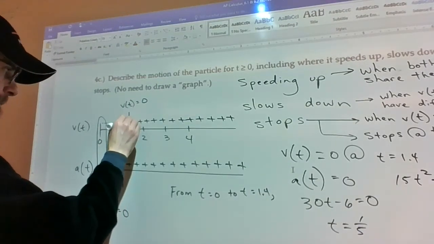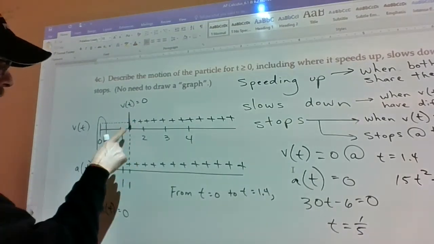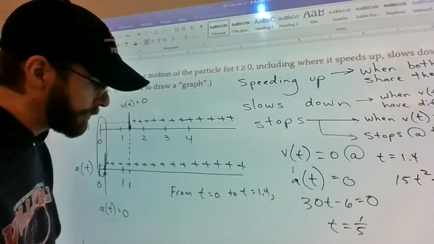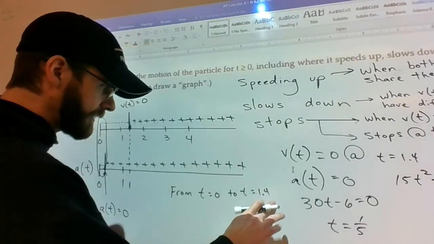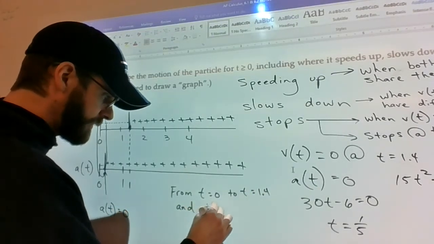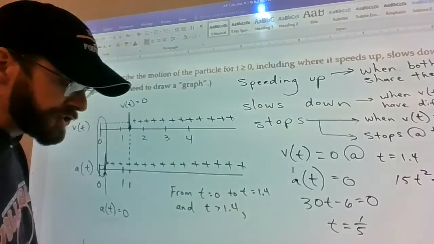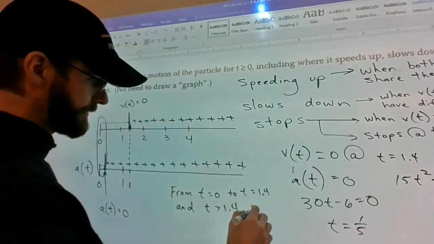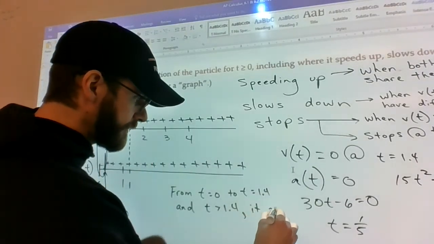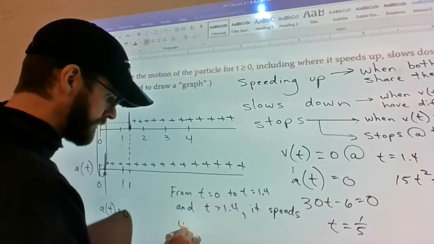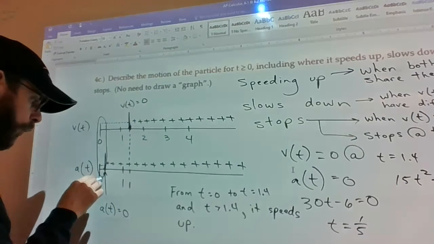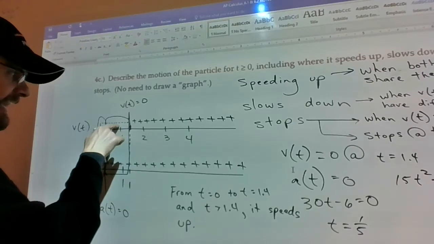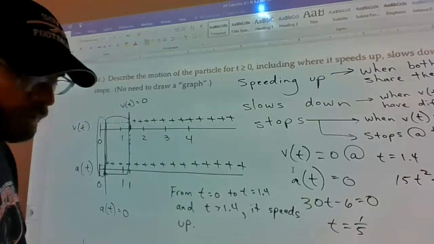And from 1.4 to infinity, or t greater than 1.4, you're also speeding up. Same sign speeds up. Between 1/5 and 1.4, they are different signs, negative and positive. That would indicate slowing down.